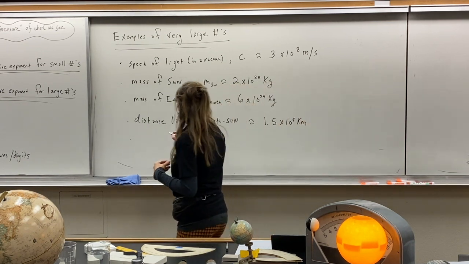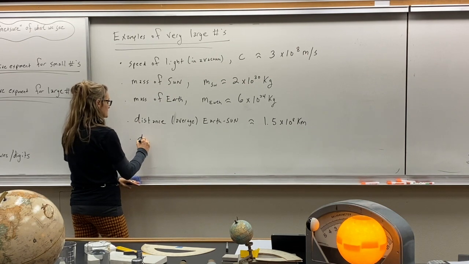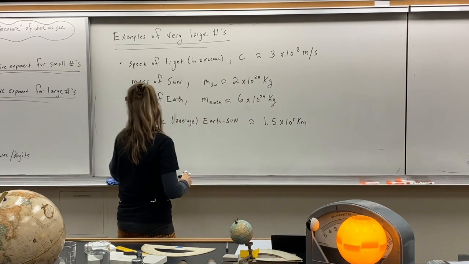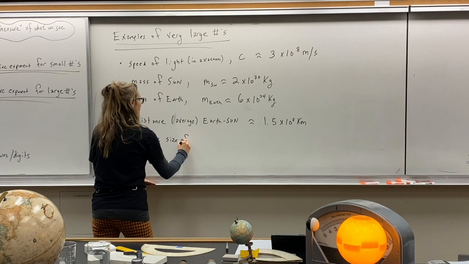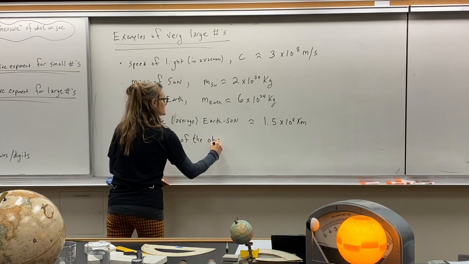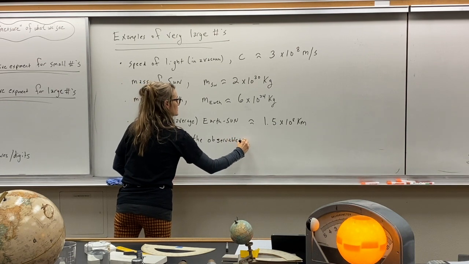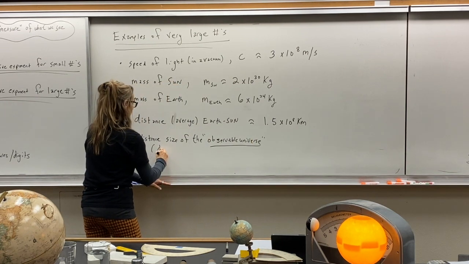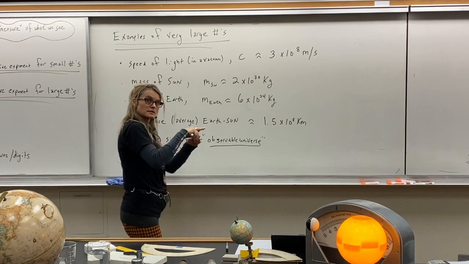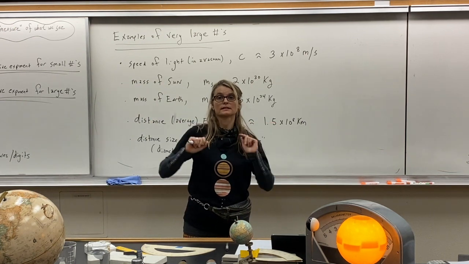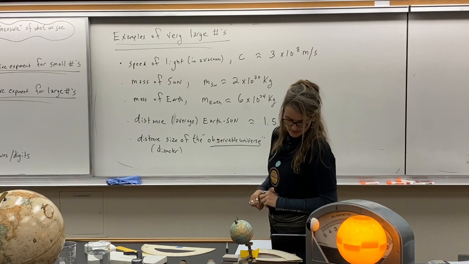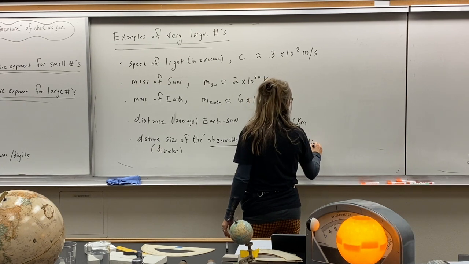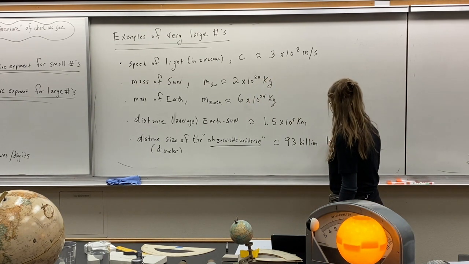If we look at the size of the observable universe, in terms of diameter, which is the distance across through the center of a circle from one side to another, 2 radii, this distance is approximately 93 billion, and we'll talk about this unit, light years across.